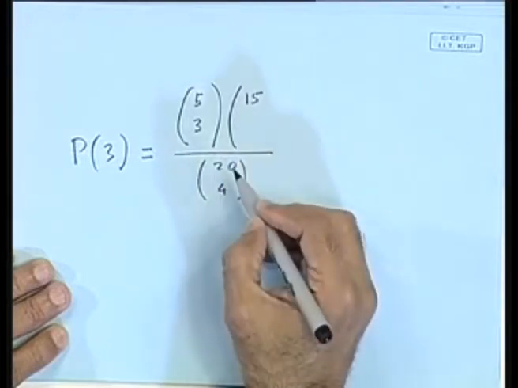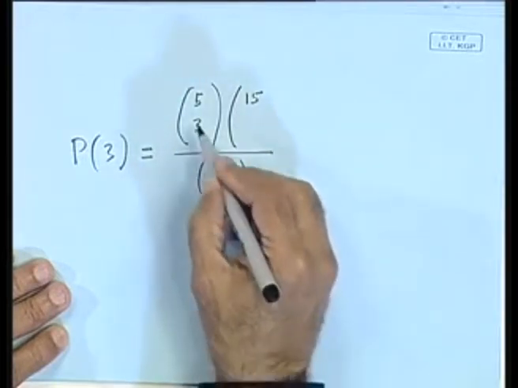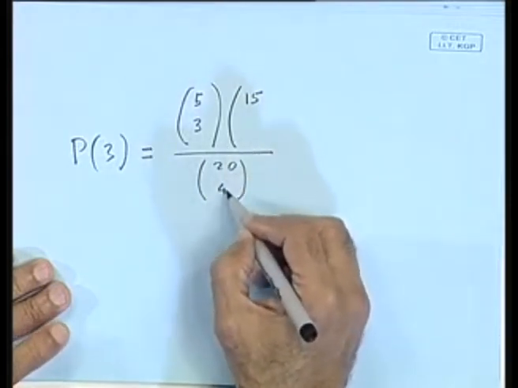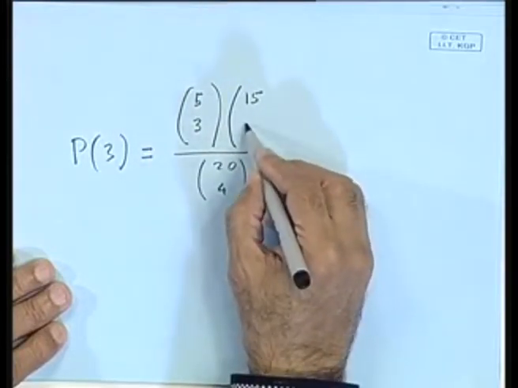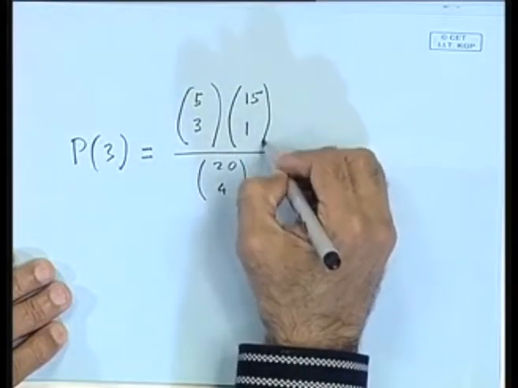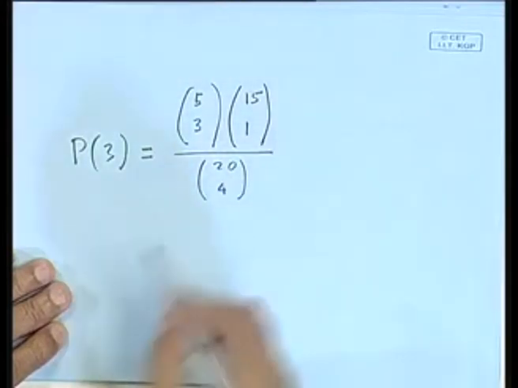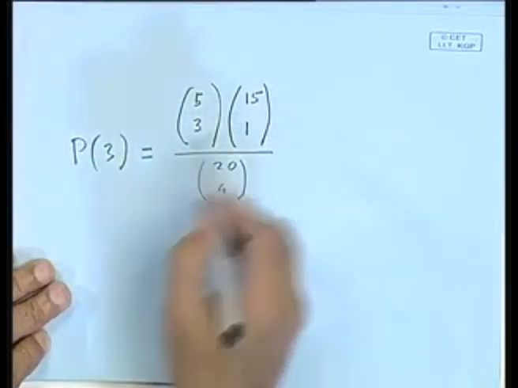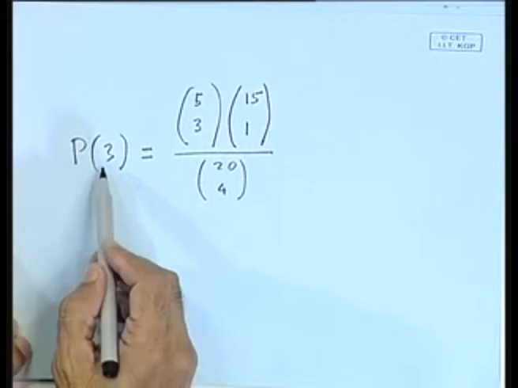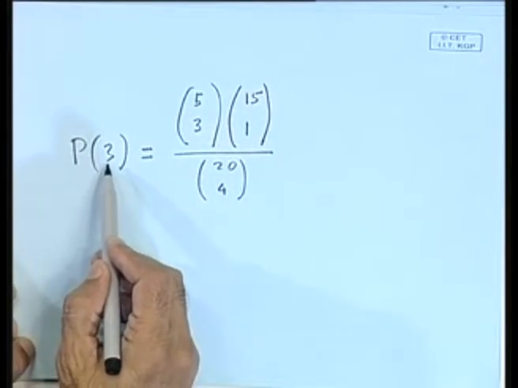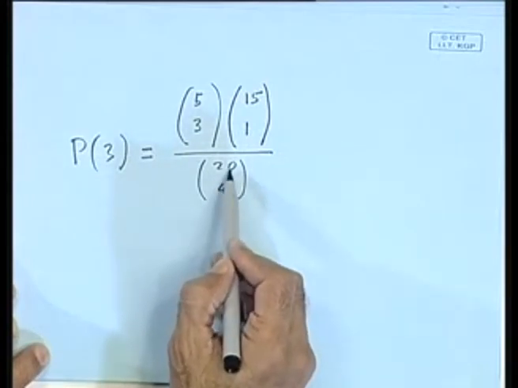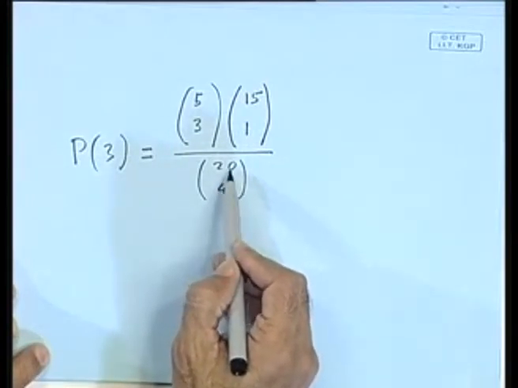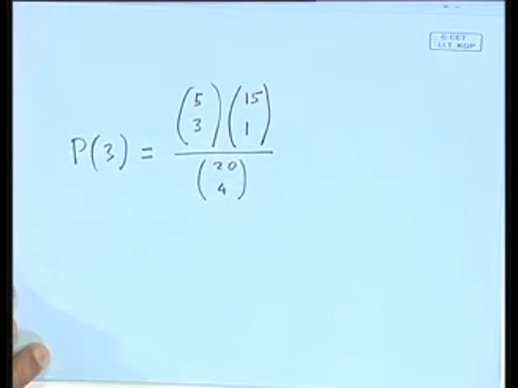And then what is the remaining number? It turns out that if I pick 4 tires and 3 are defective, there is only going to be one that is okay, one good one. This is the probability now of my finding 3 defective tires when I choose 4 tires out of a lot of 20, which has a total of 5 defective items in it.